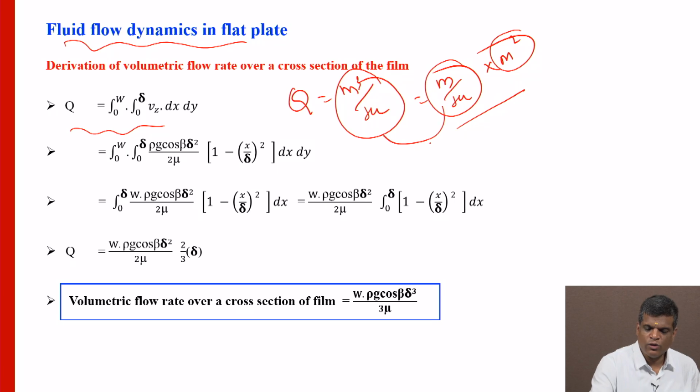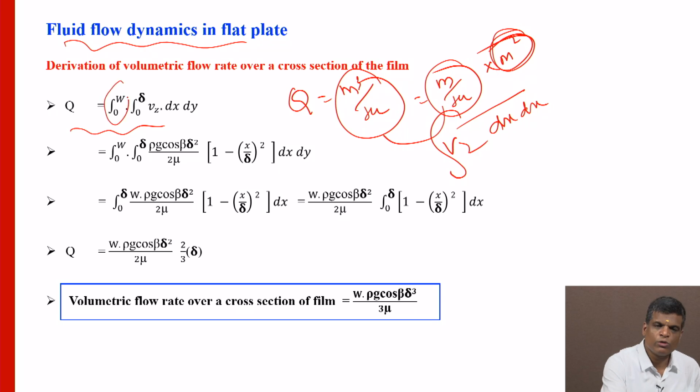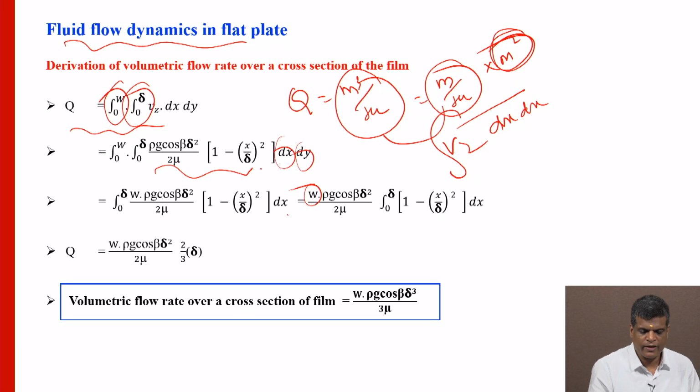The velocity we use is V z, and the area we use is dx dy. Since we want the overall volumetric flow rate, we have to integrate over the whole system, 0 to W and 0 to delta. Once you integrate this equation, we already know V z, so substitute V z here and integrate. W will come out as the first factor, then the dy integral.